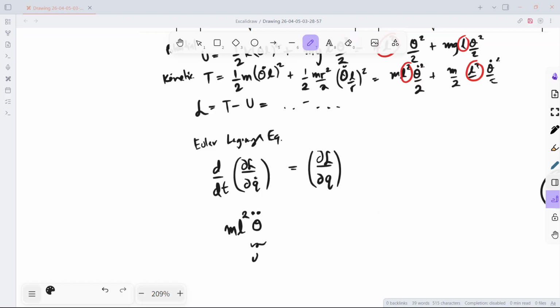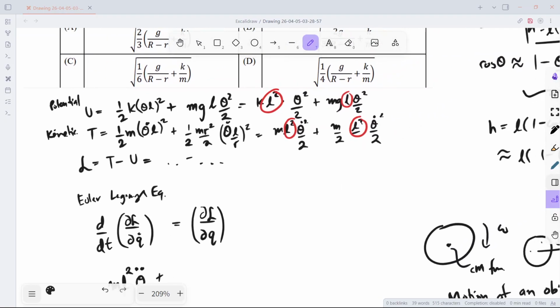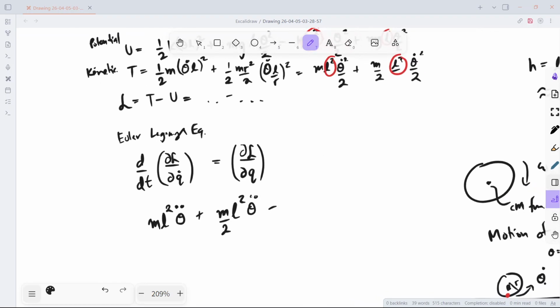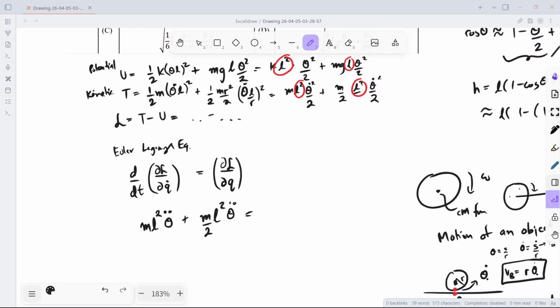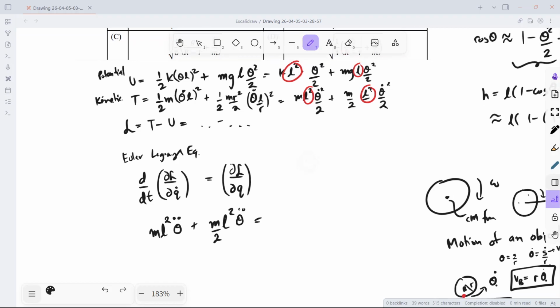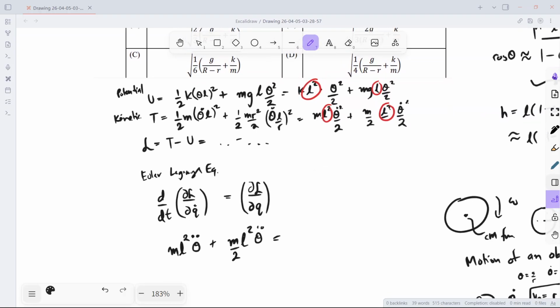You will notice this is just your angular frequency alpha, plus the differential of this guy. Again, you will notice this just becomes theta double dot. So this will become m over 2 L squared theta double dot. That is equal to the potential term.